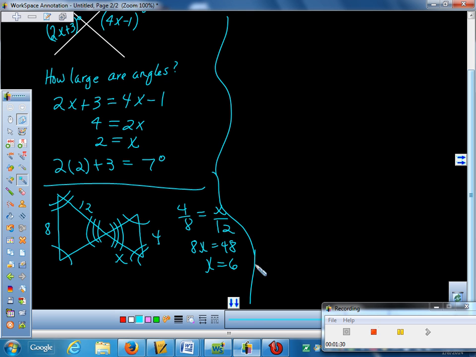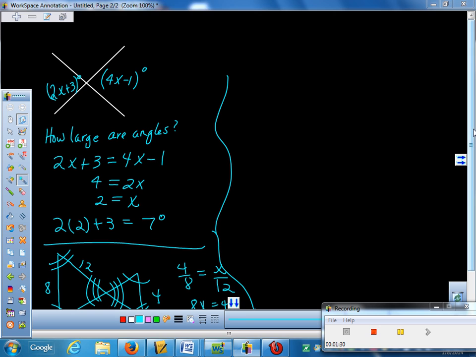We will find use for alternate interior angles and parallel lines coming in a few days. But let's do real life trig.